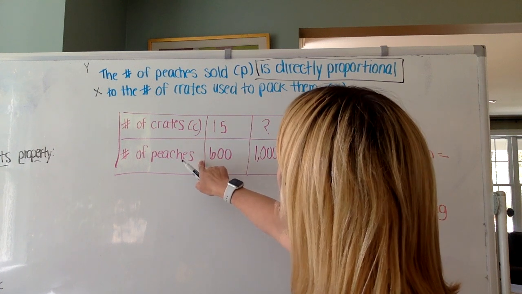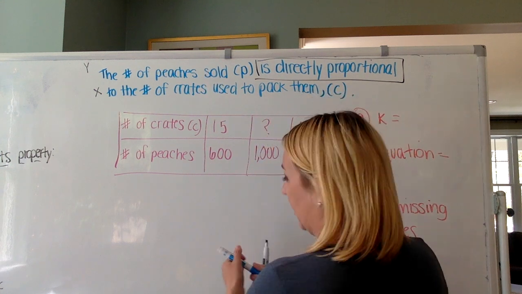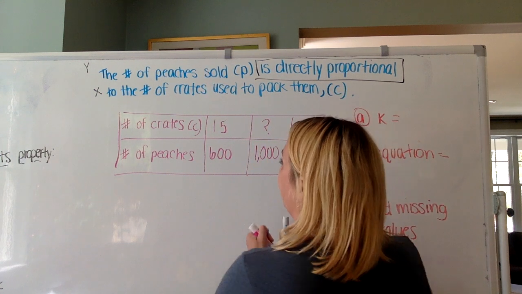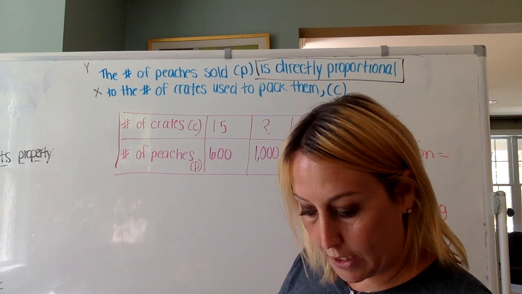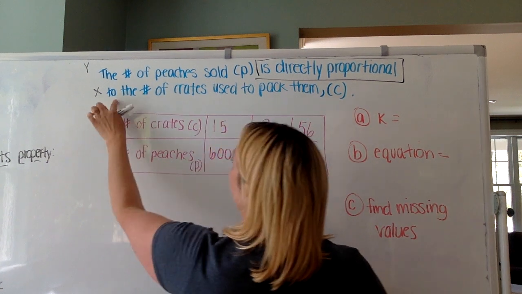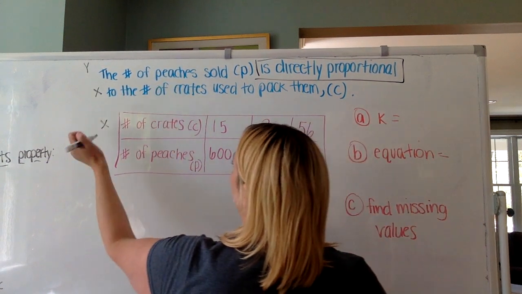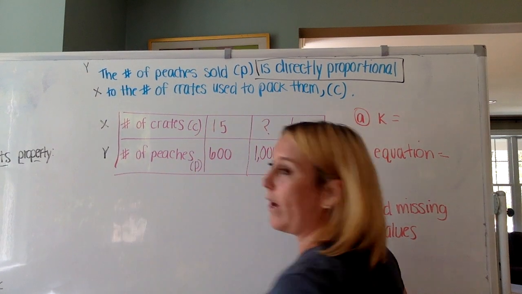Number of crates, so number of peaches. I need a P here. This is our P. Just to organize my thinking, I know this is my X, which makes sense. It comes after directly proportional. Crates is my X, and number of peaches sold is my Y.